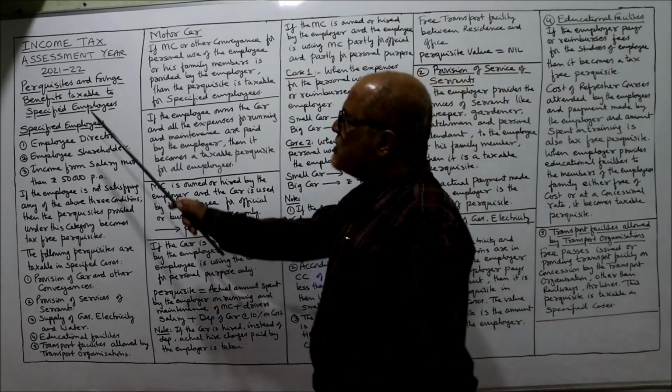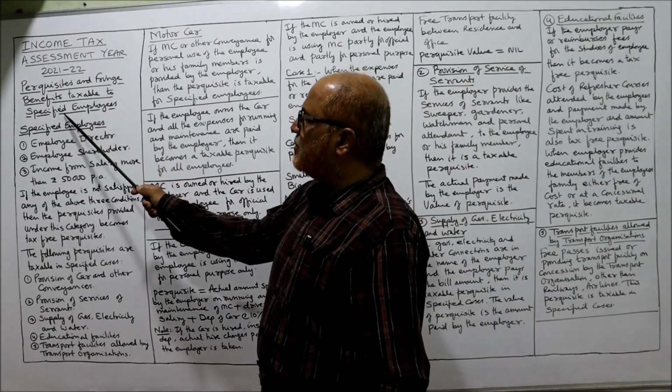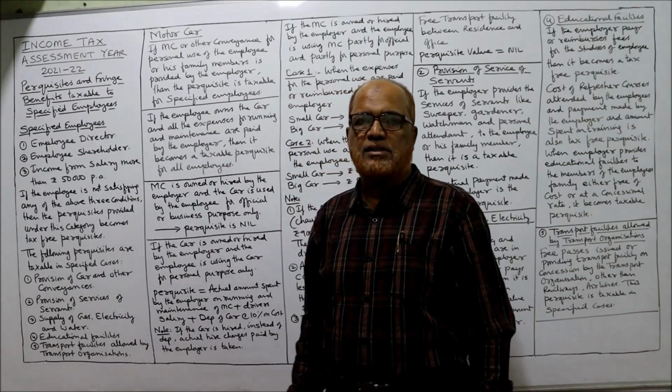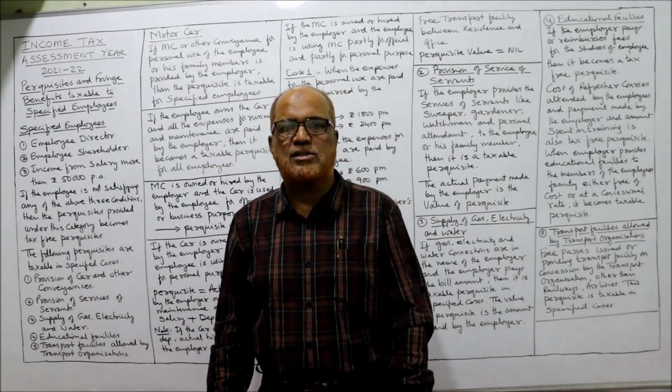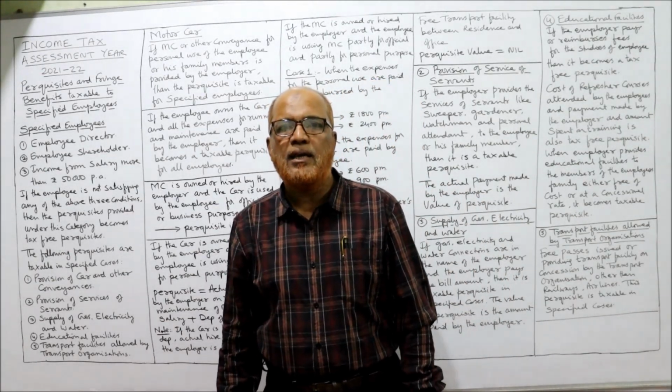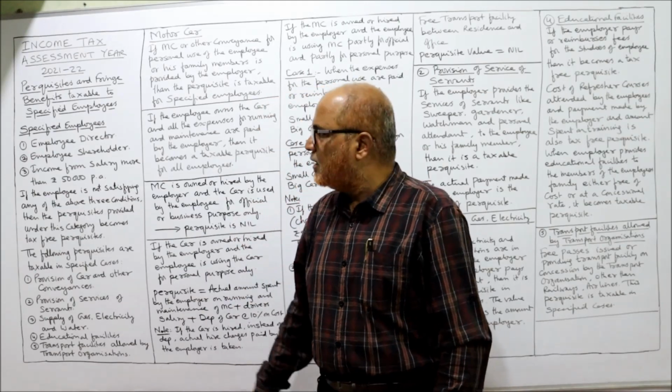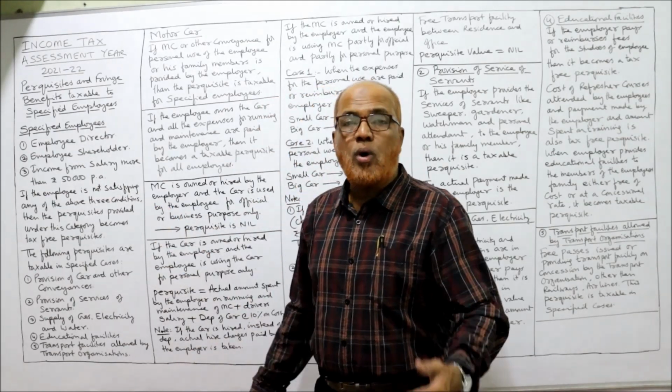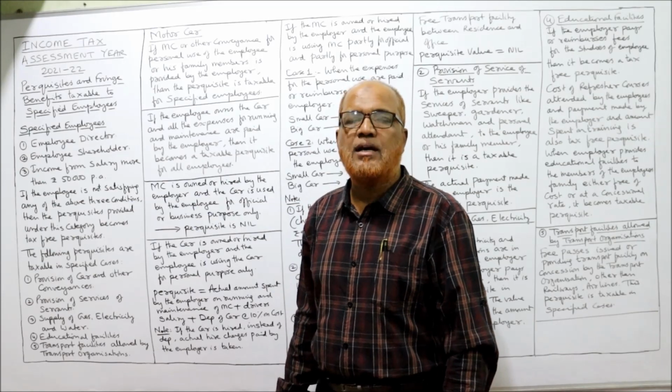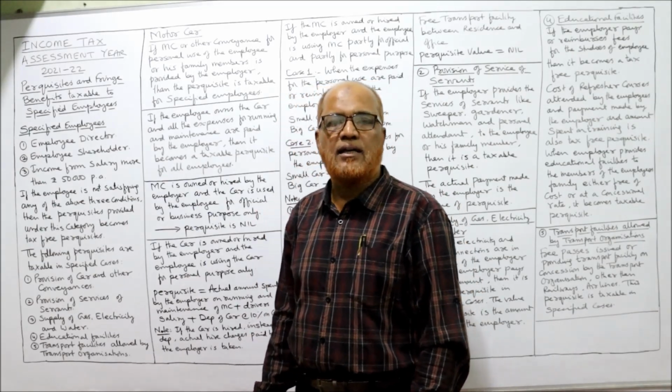Now, perquisites and fringe benefits taxable to specified employees. This is the second category of perquisites, which are taxable only in specified cases. Who are called specified employees? The Income Tax Act has given 3 categories.